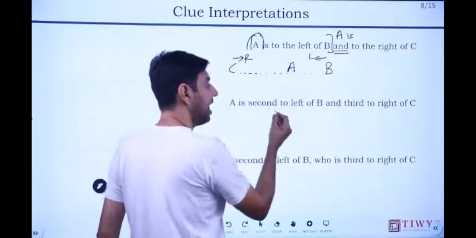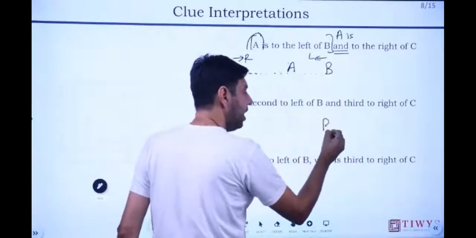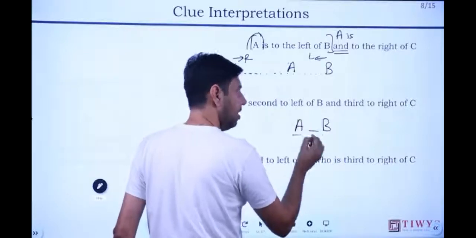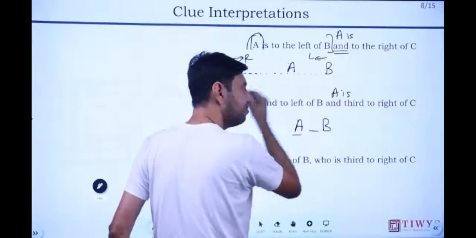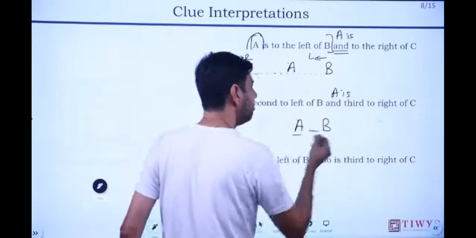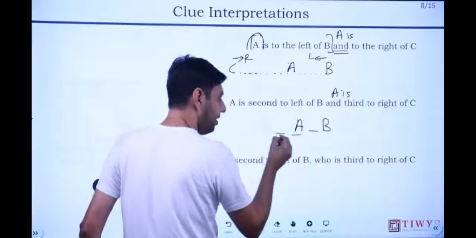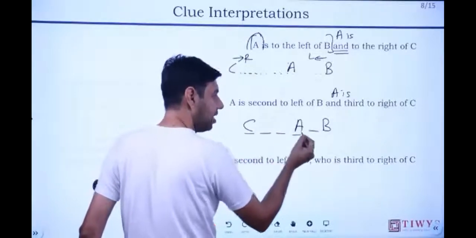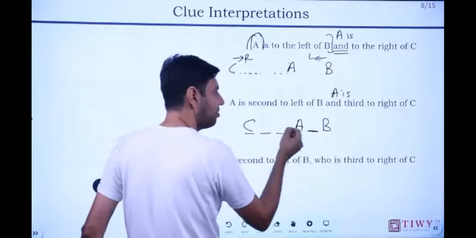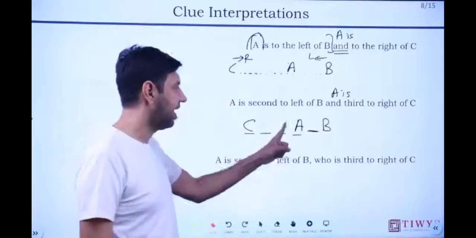Now A is second to the left of B, B 1 2, and who? A is ये and करना मतलब A का कंटिन्यू करेगा। थर्ड टू द राइट ऑफ C मतलब 1 2 3, ठीक है, समझो 1 2 3, second to the left, third to the right, first, second, third.